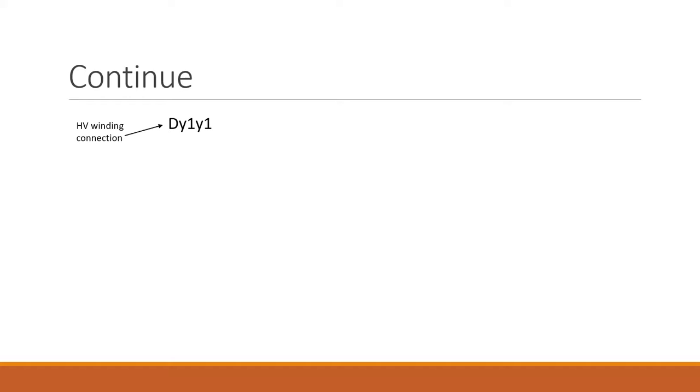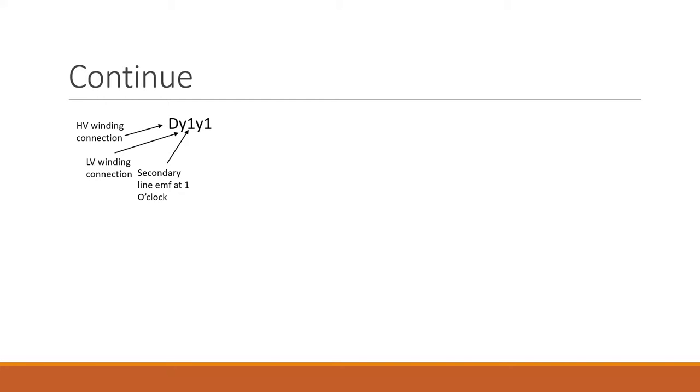What exactly is it going to indicate? The first letter, as usual, represents the HV winding connection. The second letter is in lowercase and it is y here. We are not talking about fashion, but this second letter represents the LV winding, which is connected in star.